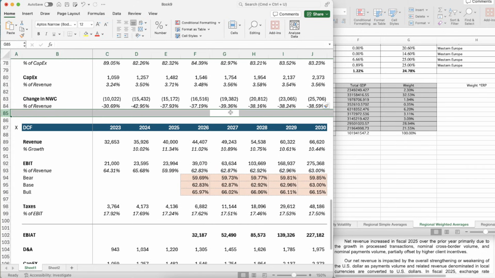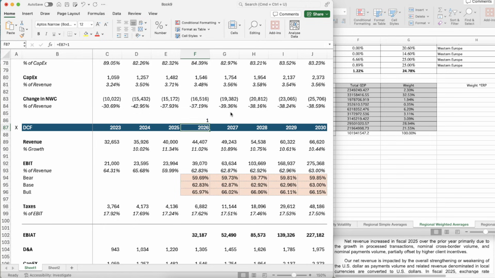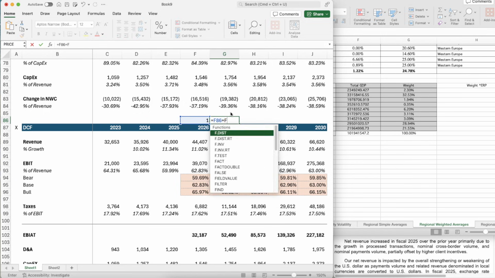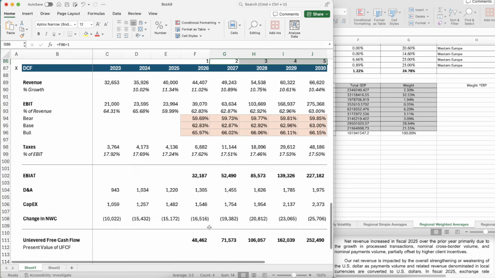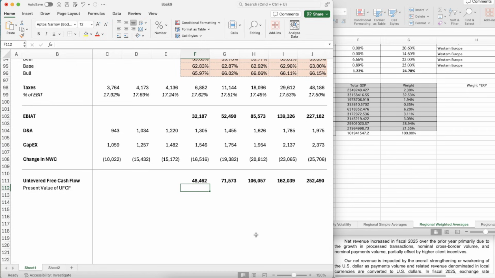Just add in another row and put in the years forward that we forecasted: 1, 2, 3, 4, 5. And you'll see why in a second.